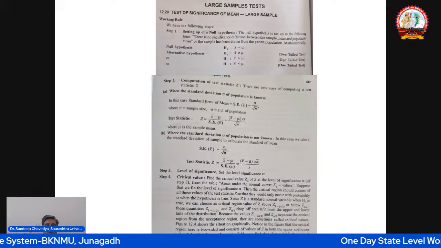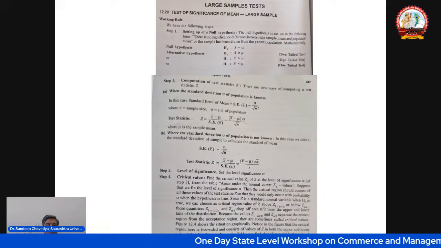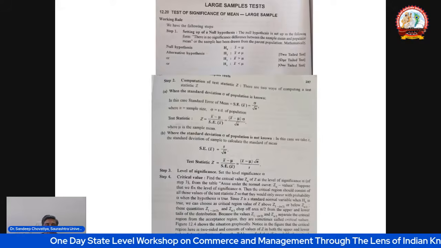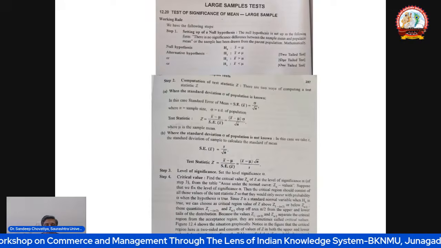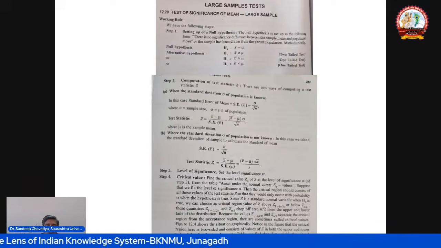So you see the first example. For the large sample test, we can perform the Z test, the test of significance of the mean with a large sample. Whenever you go for this kind of analysis, there are working rules.